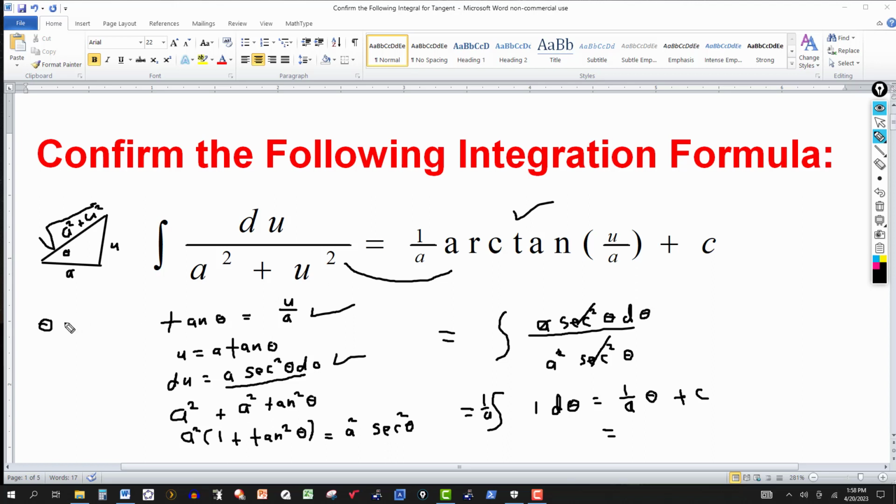So in this case, theta will equal arctangent of u over a.